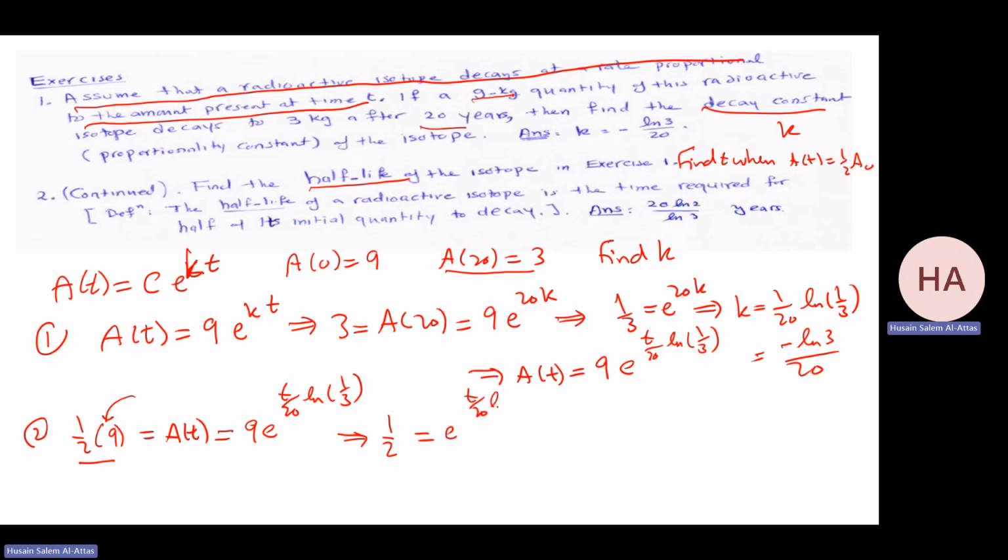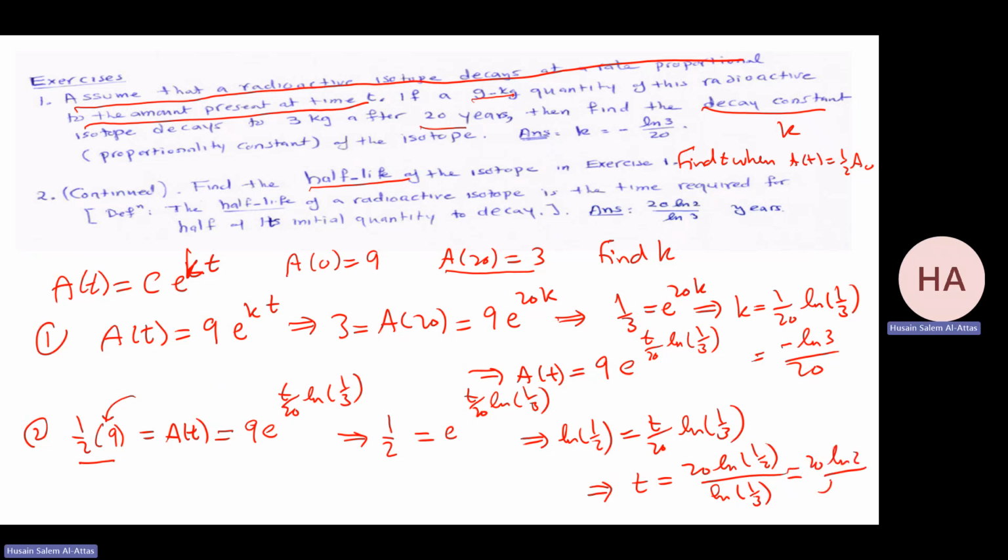I divide by 9, 1 over 3. Take ln, so I have ln half equal T over 20 ln 1 over 3. So what will be T? T will be 20 ln half over ln 1 over 3. If I take 2 to the power minus 1 and 3 to the power minus 1, that will kill each other. That will be 20 ln 2 over ln 3 years.